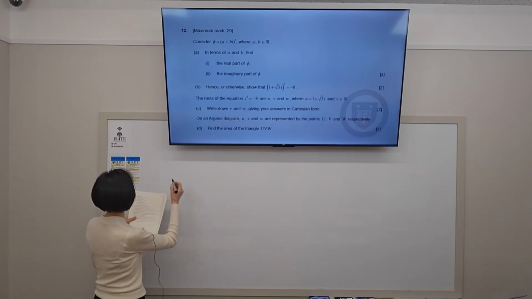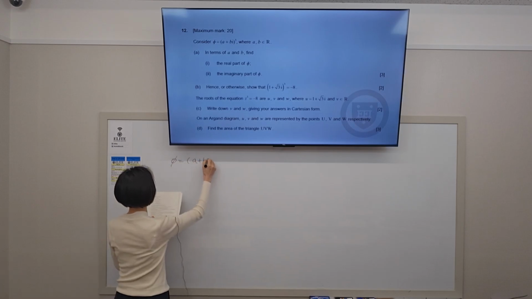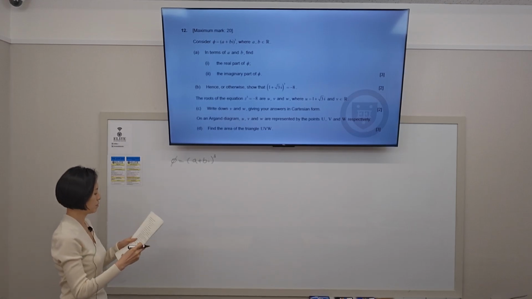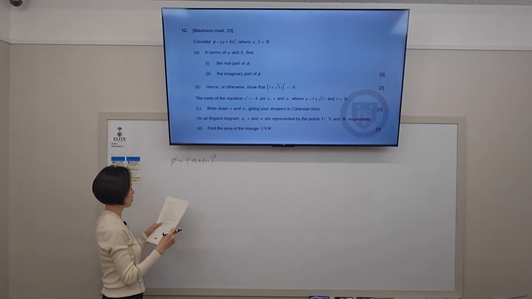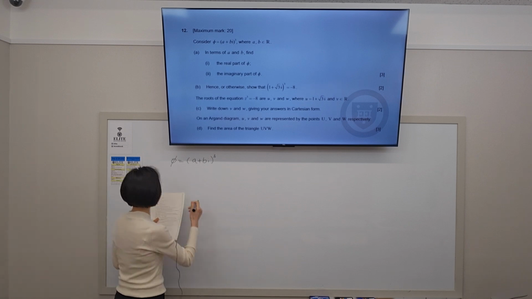It's given that psi equals (a plus bi) to the cube. Part A asks about the real part of psi and the imaginary part of psi, so we need to expand psi.